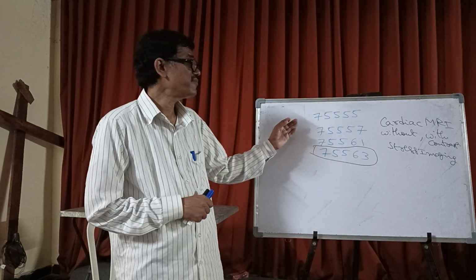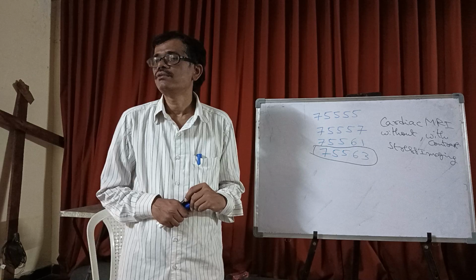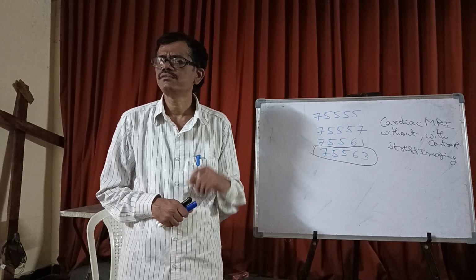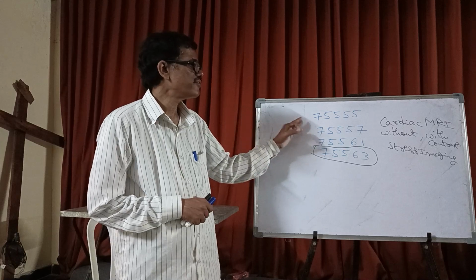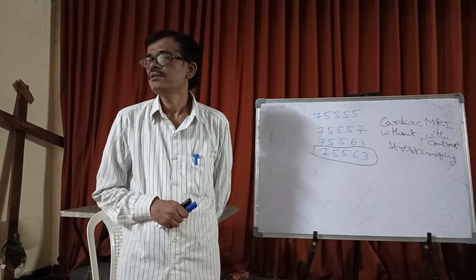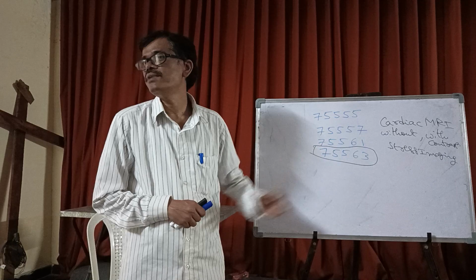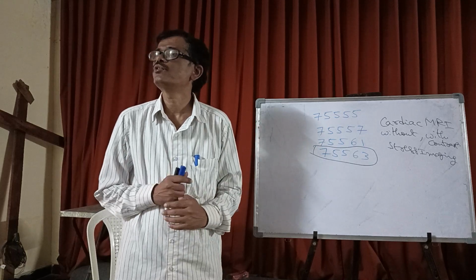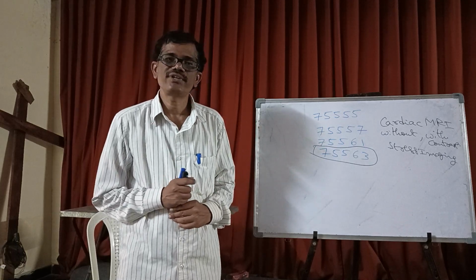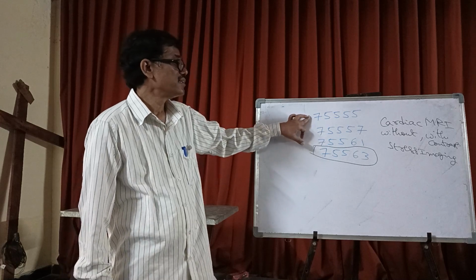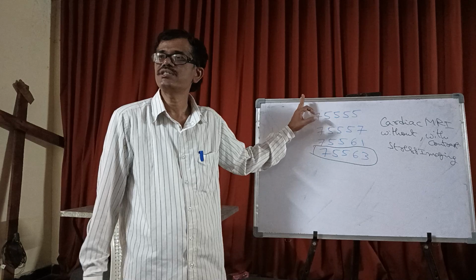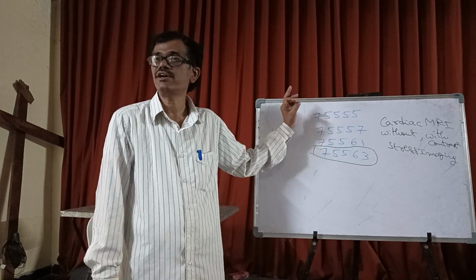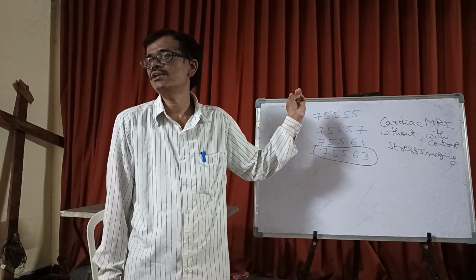But in 557 what did they say? Without contrast, without contrast with stress imaging. But here, without contrast followed by with contrast too, we have done both. Okay, that is the only difference. Again I will explain. 75555 is without contrast. There is no stress imaging, only without contrast. But what we have done, cardiac MRI we have taken.